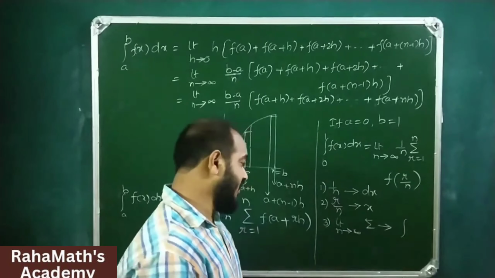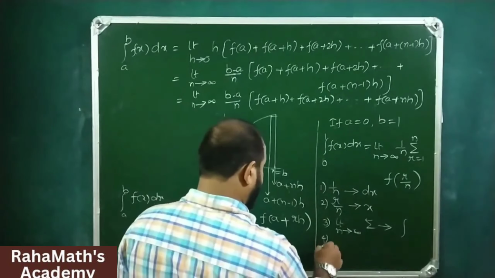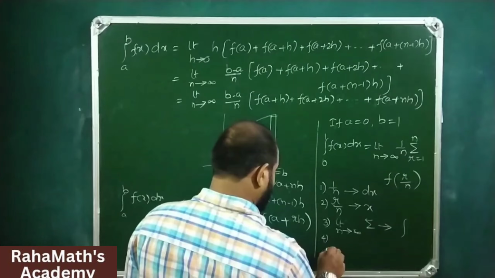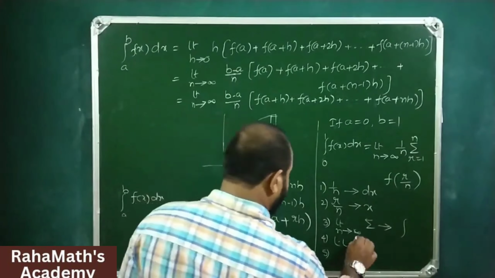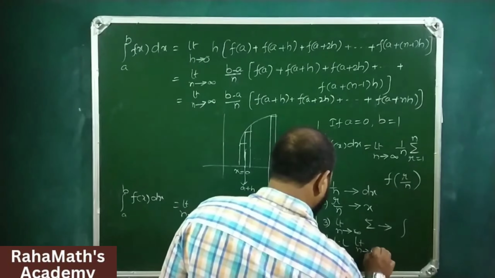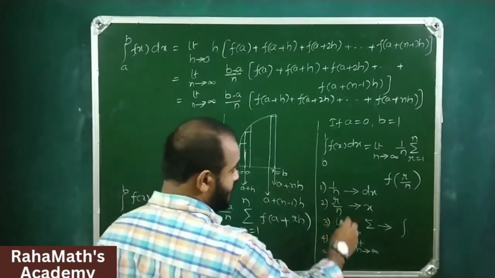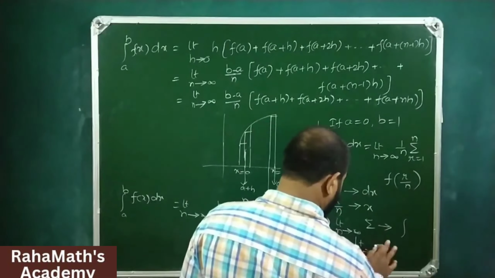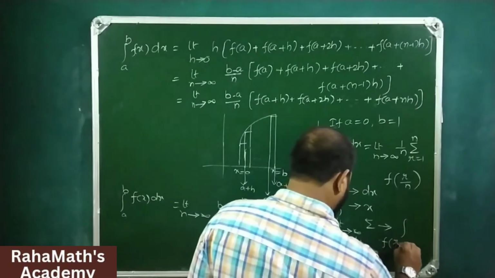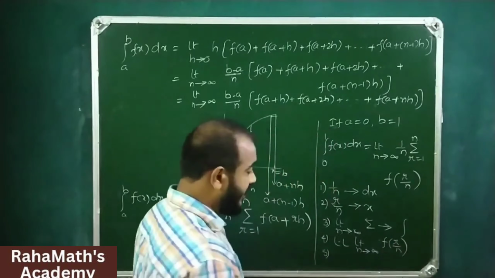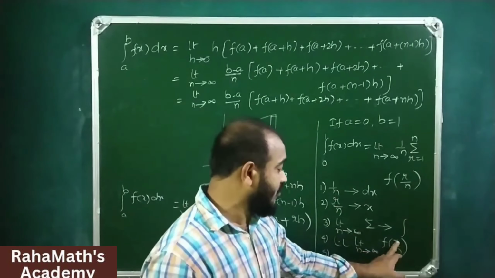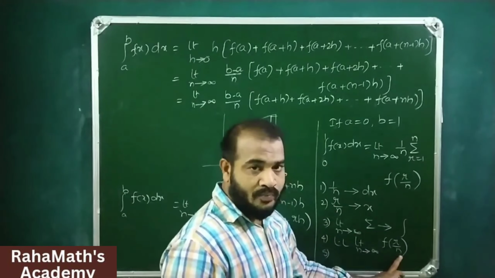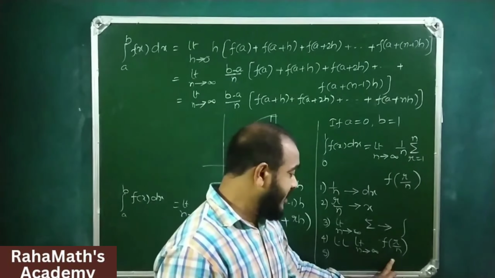Here this is the integral, and the lower limit and upper limit. So the lower limit is limit n tends to infinity of sigma f of r by n. Here if n tends to infinity, if we substitute, 0 by n is 0.